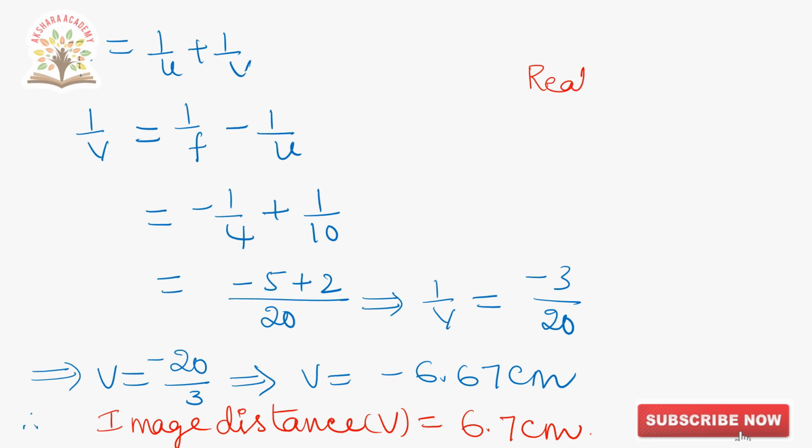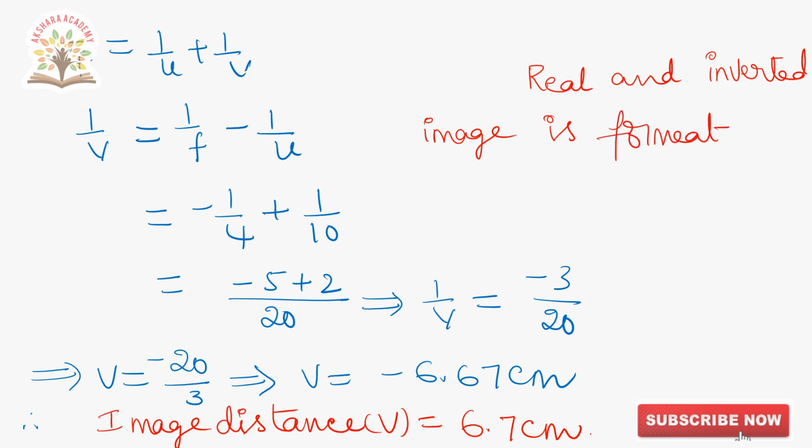Image is real and inverted, and the image is formed on the same side of the object.